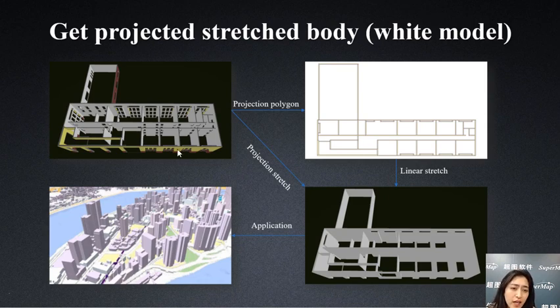When we get this BIM model, we could do the projection polygon to generate this vector data and linearly stretch it to the white model and use it in the application. Or we could just projection stretch it and add it as a white model and apply it in the application.